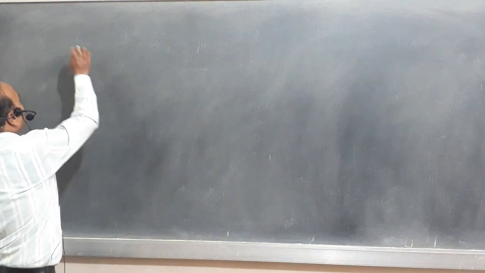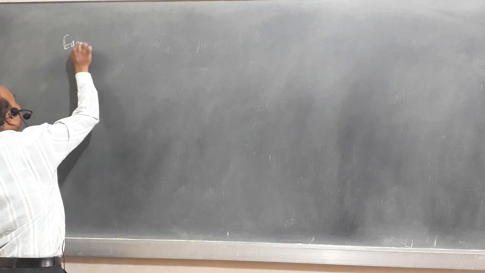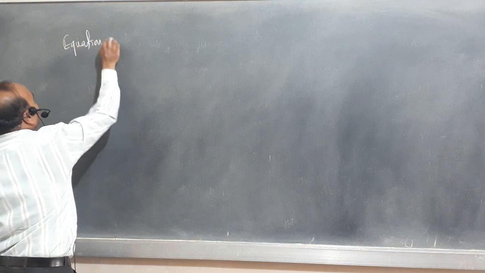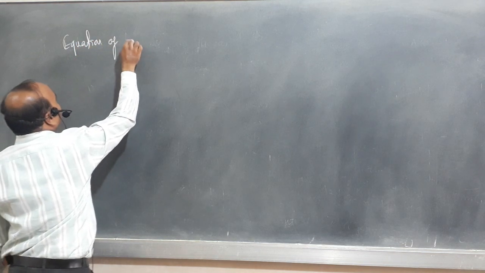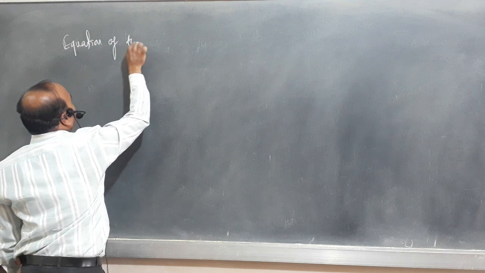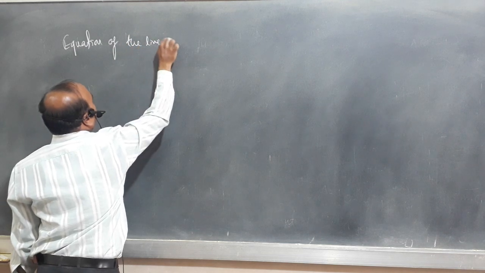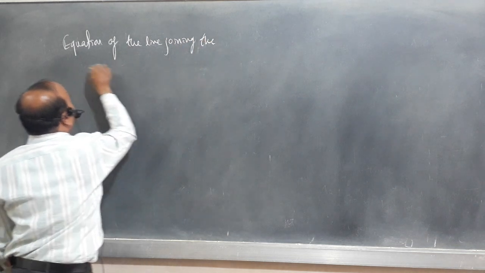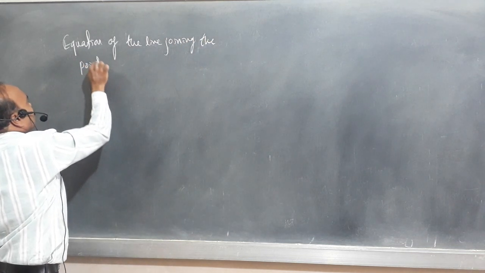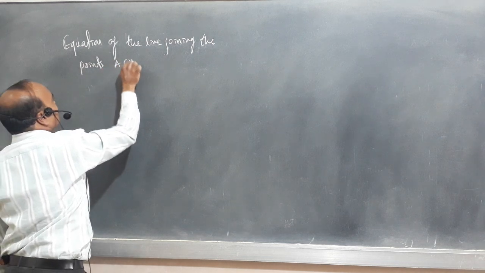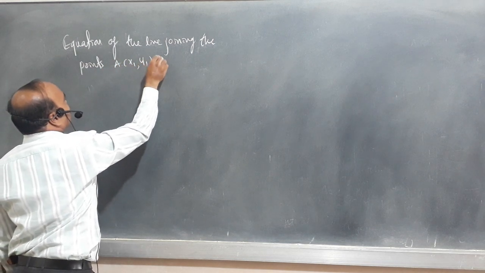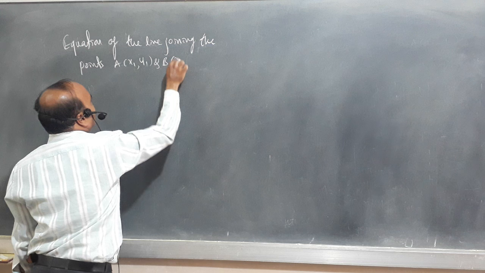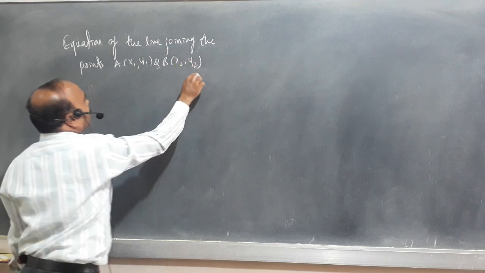That is, the equation of the line joining the points A (x1, y1) and B (x2, y2).